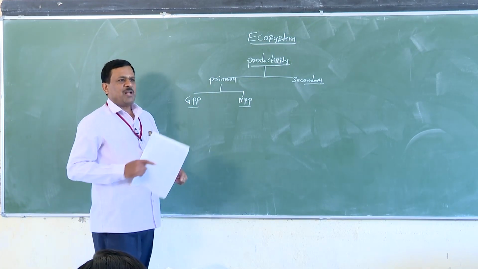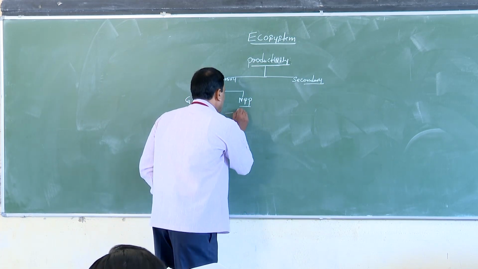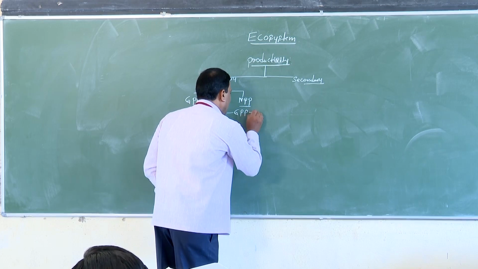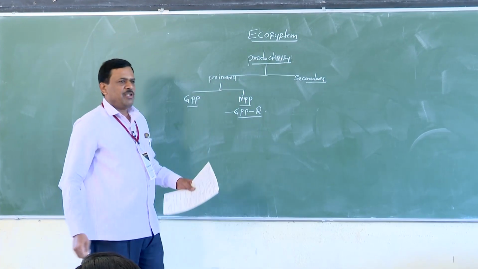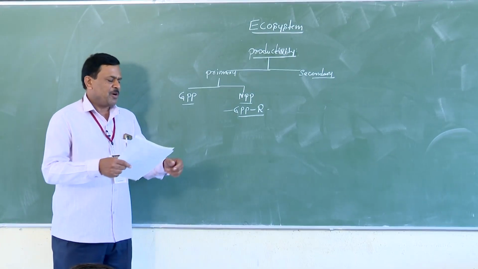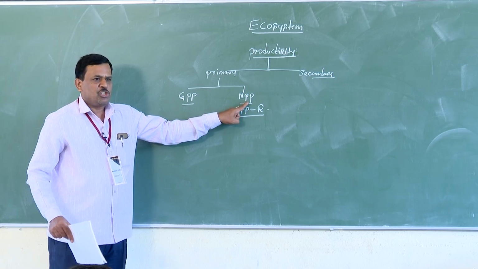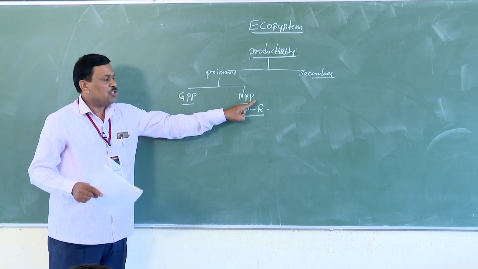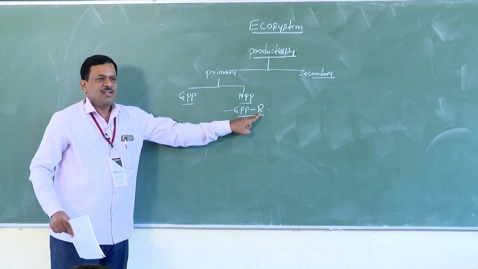What is the meaning of net primary productivity? Simply write down: gross primary productivity GPP minus R is called net primary productivity. It is the amount of energy left in the producers after respiration. Yes or no, students?